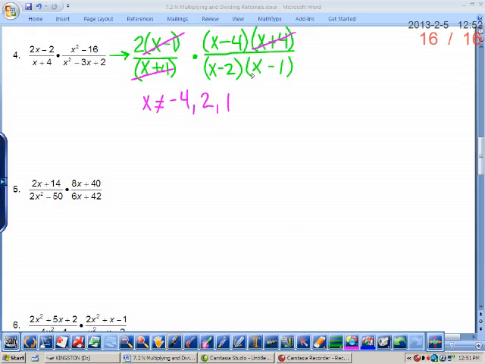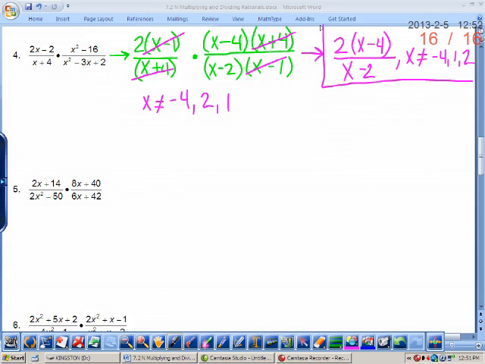Your x minus 1. So we end up with 2 times x minus 4 over x minus 2. But x cannot be negative 4, 1, or 2. You do not have to distribute this 2. If you really want to, you can. But in my opinion, if you can stop, stop.